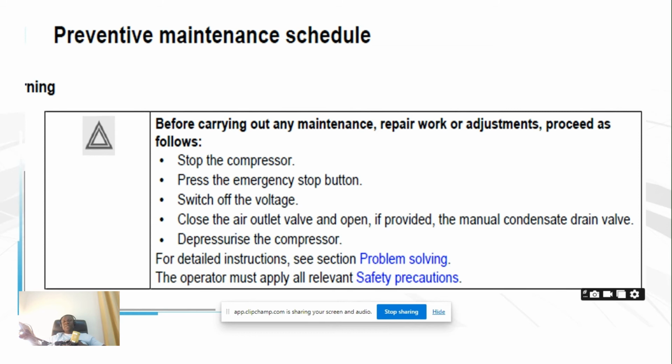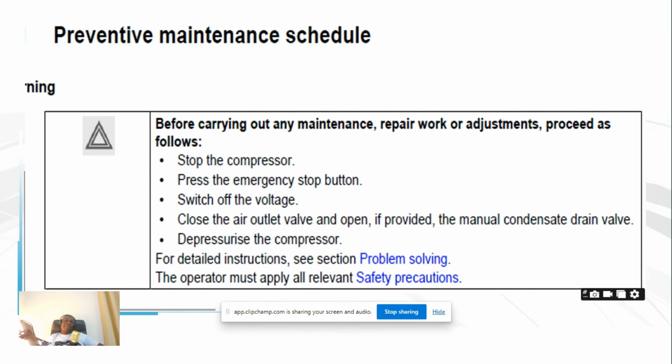Once you activate it, nobody can start the compressor until you deactivate it and reset. This helps you when you're working. Nobody will start it, because the compressor can easily cut you. That is why it is important to carry out this safety precaution.